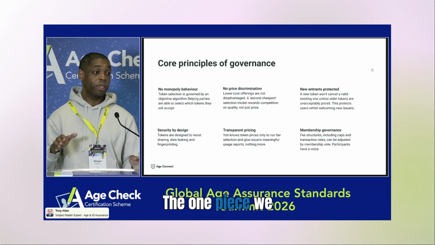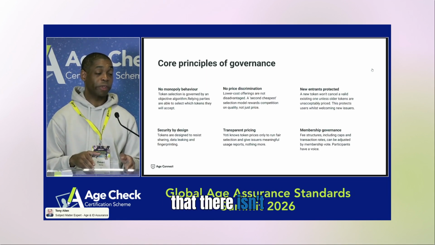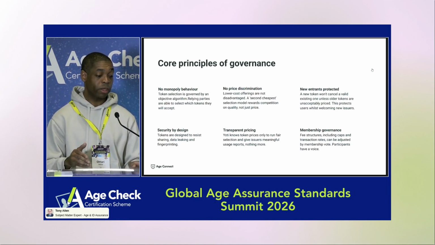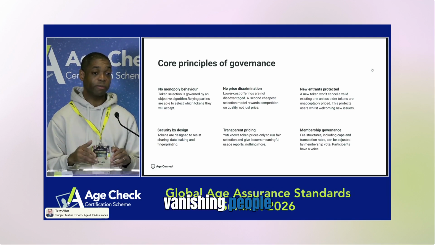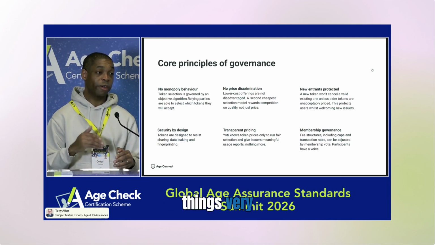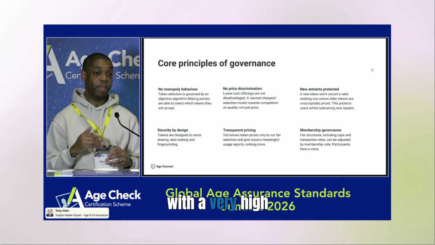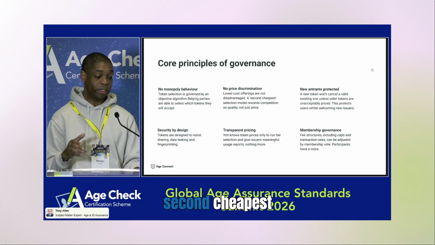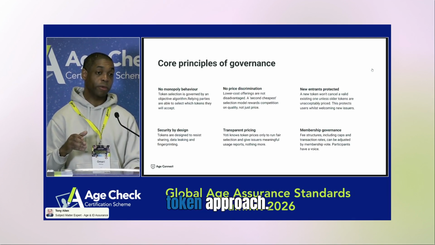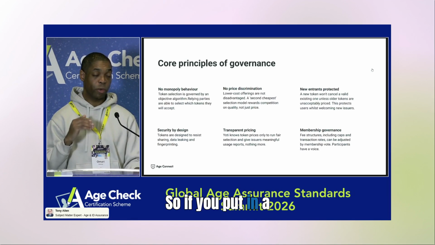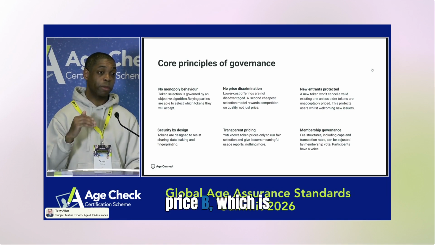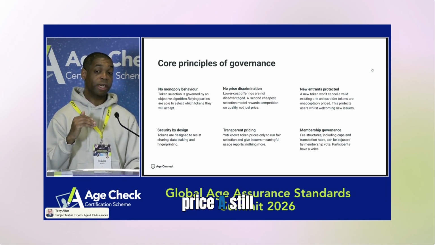The one piece we have looked at is how to ensure that there isn't an attempt to undercut each other by creating a race to the bottom or disadvantaging people who can't do things very cheaply because they're going with very high levels of assurance. So what we do is we go with a second cheapest token approach. If you put in a token at price A and somebody knows your pricing, they come in with price B, which is slightly lower, price A still wins.